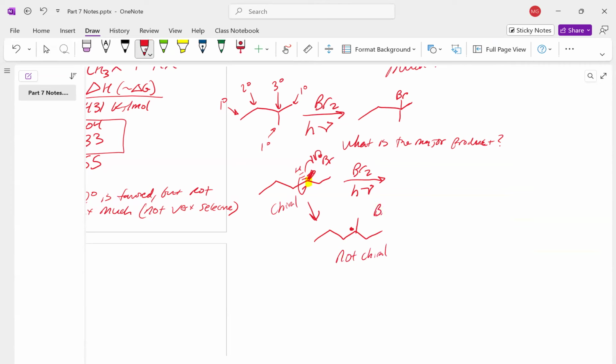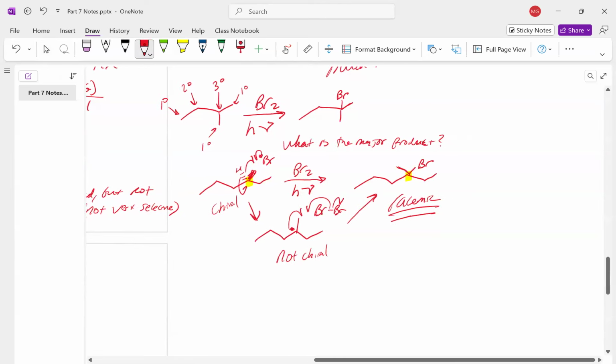So when this combines with bromine to form our product, we're going to get a product at the end that does have a stereocenter now, but it's not R, it's not S, it's a racemic mixture. And do you remember what that means? An exact 50-50 mixture of enantiomers.